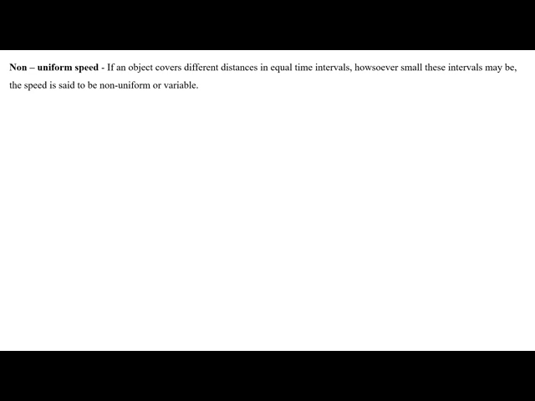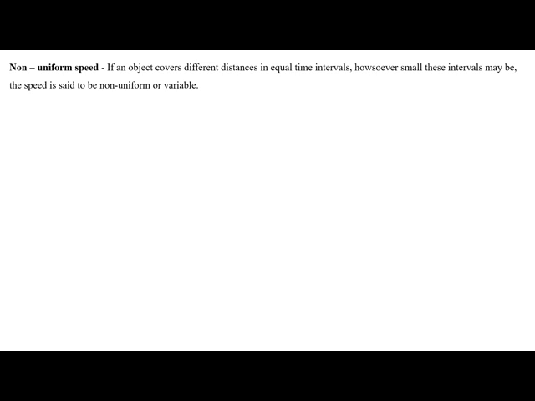Okay, so in the first one it traveled 2 meters. In the second time interval it doubled its distance, 4 meters. Again in the third one it traveled only 1 meter. So you see there is no uniformity in the distance traveled though the time interval was the same.